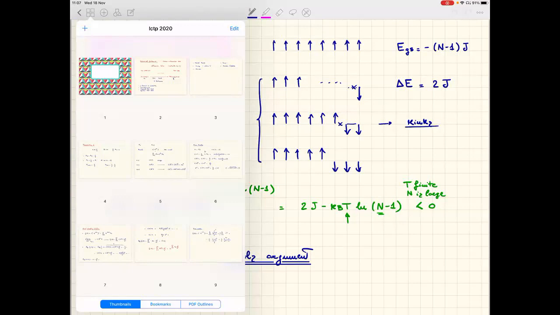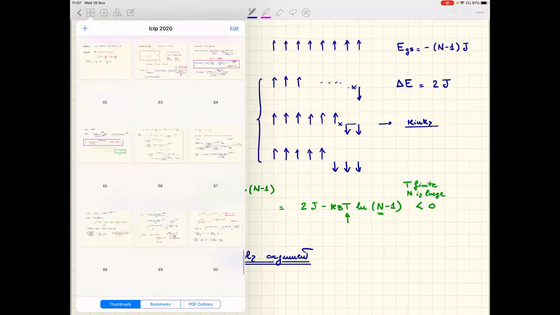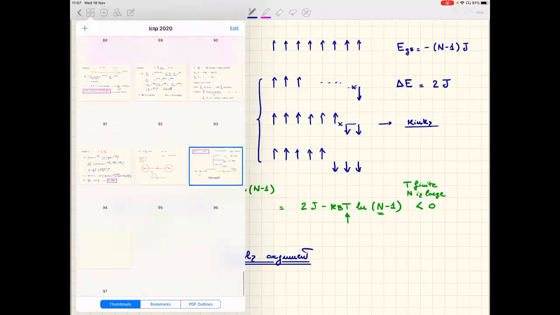Unless everybody has the same question. If you all have the same question and you want me to explain the central limit theorem again, then I can go back there. Otherwise, I think it's better if we just do it.